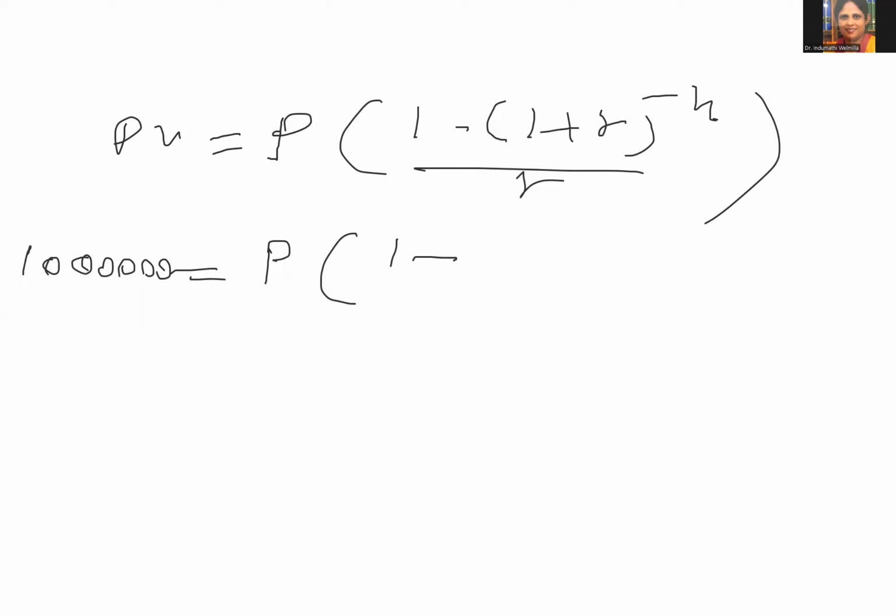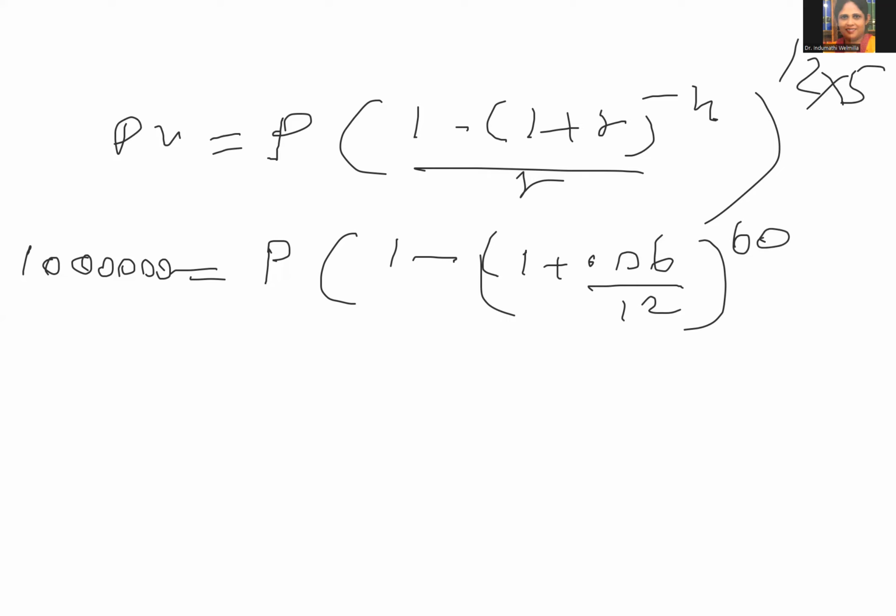Here 1 plus 0.06 divided by 12. Then remember it's minus n, and n is 5 years monthly, so 12 into 5, 60, and that should be minus, okay?